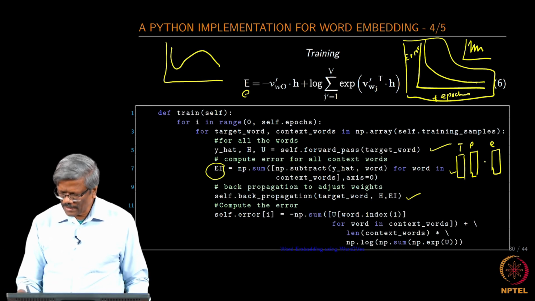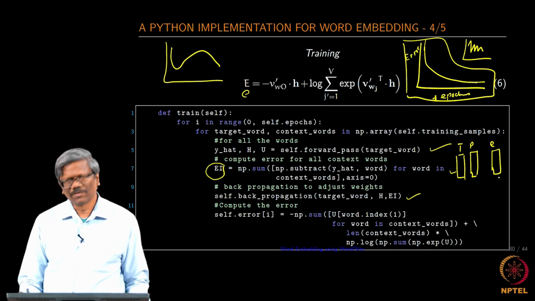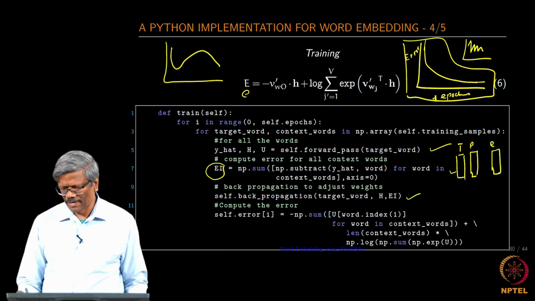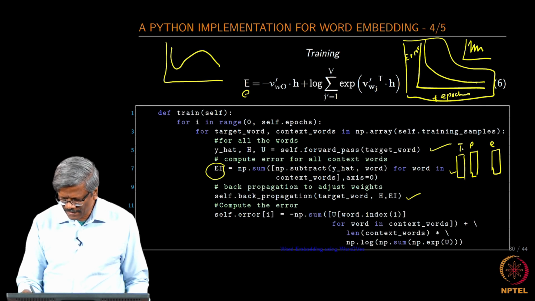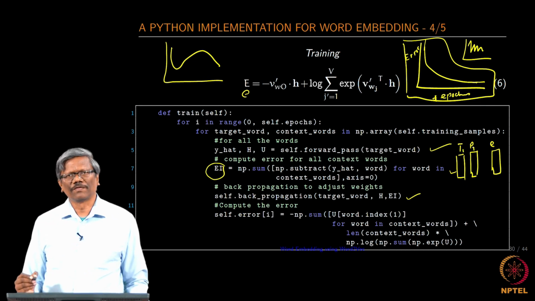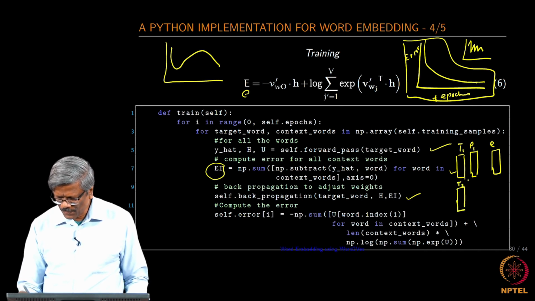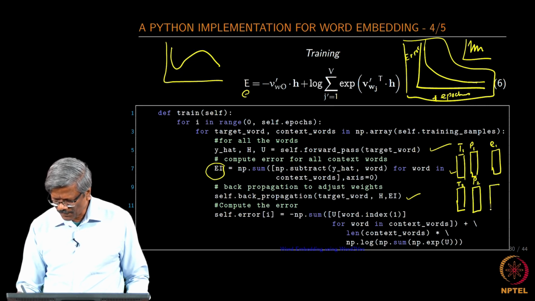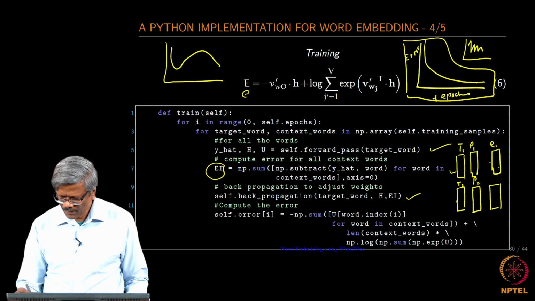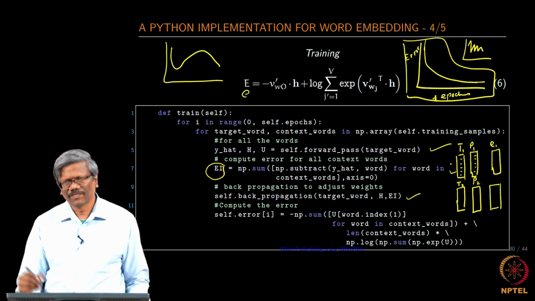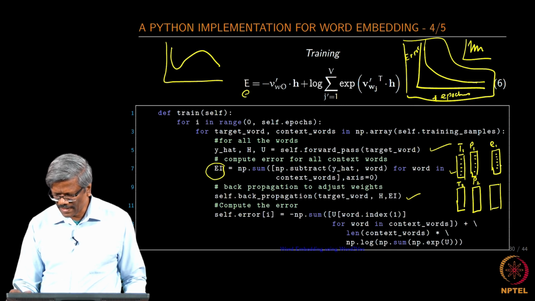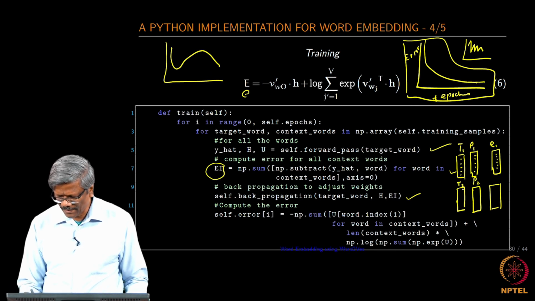So, now we have more than one context word. That means we will have more error values, correct. So, let us say this is 1, this is for the first context word, target 2, predicted value 2, so error 2. So, when you compute the error, you do it for all elements or all the words. So, the size would be same as T1, T2 and so on.